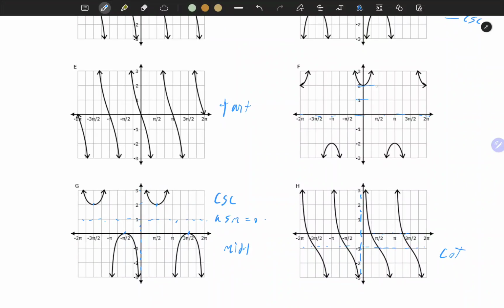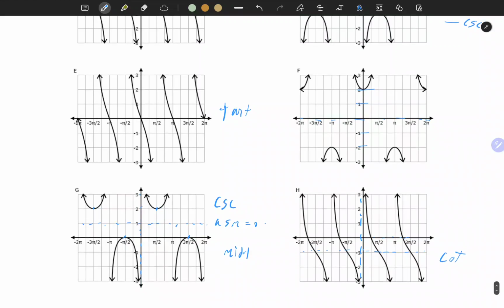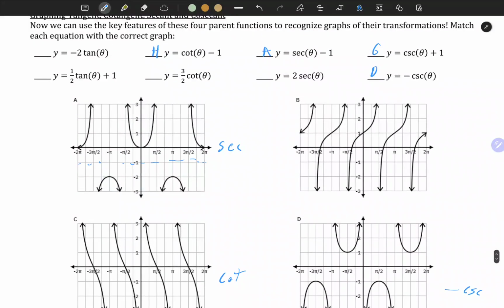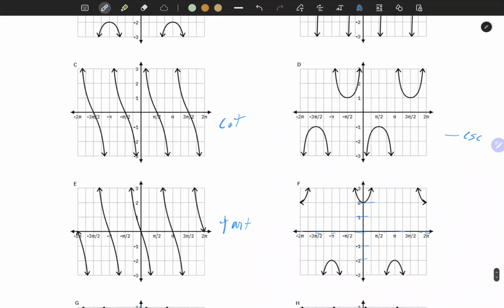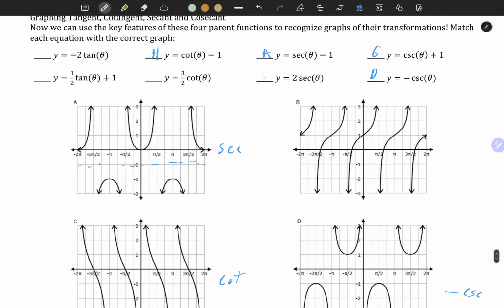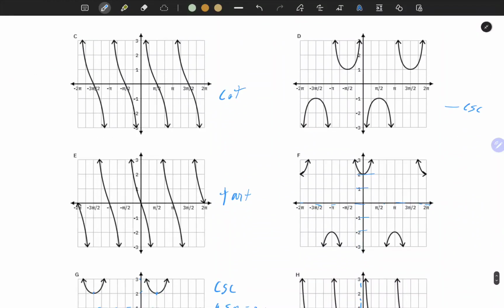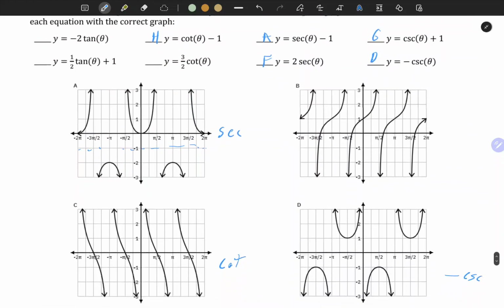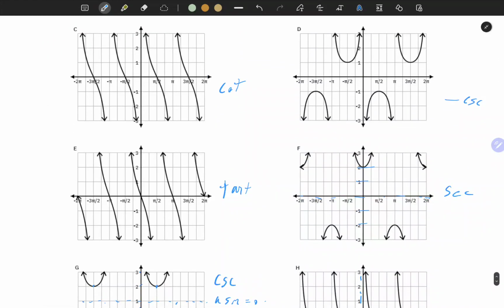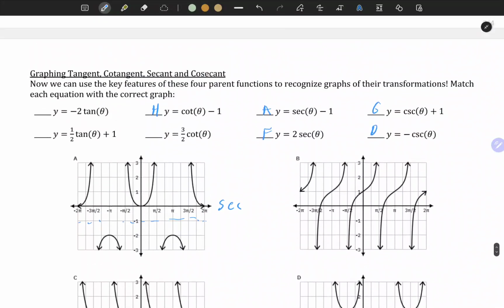See, 1, 2. There's an amplitude of 2 from the midline, which is 0. This is F. Sorry, this is the secant. Sorry, my bad. Not negative, my bad.